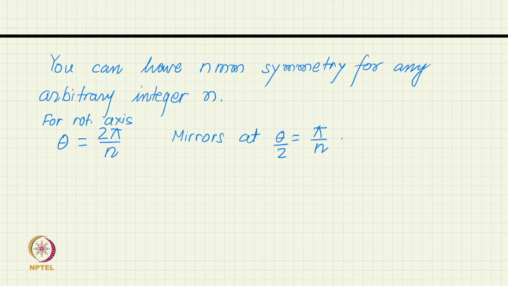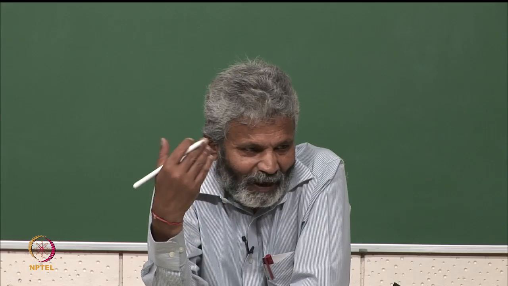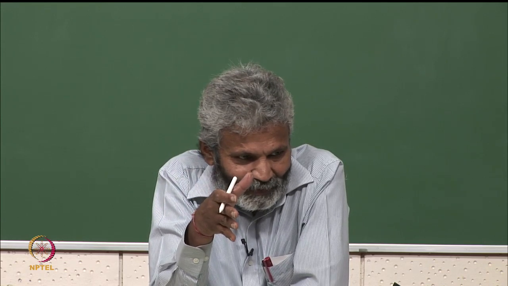Otherwise, if you take some arbitrary angle by which after n operations you do not get back to your original position, but let us say slightly instead of 360 you go to 361, that will happen if your angle was some arbitrary fraction or an irrational number, let us say.